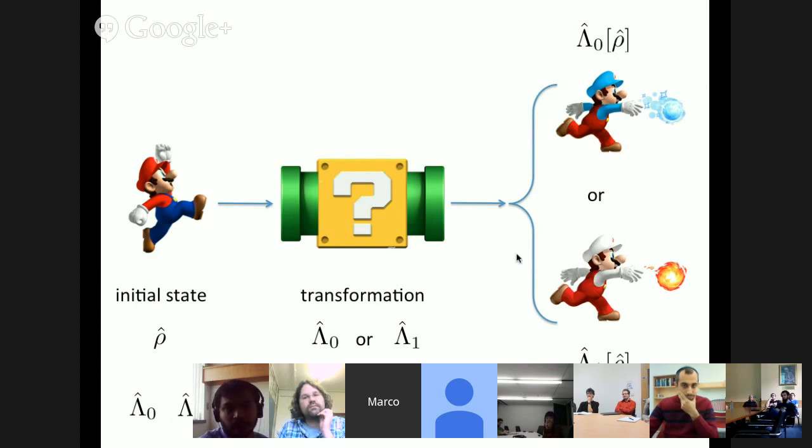Okay? So these are the two options, but let me mention that quantum channels are completely positive and trace preserving maps. Especially the trace preservation feature is going to be important in the next slide.